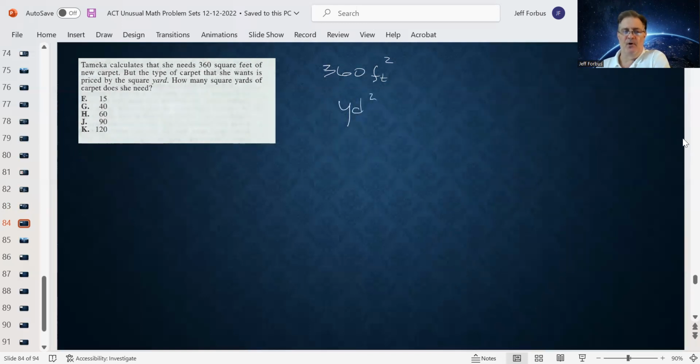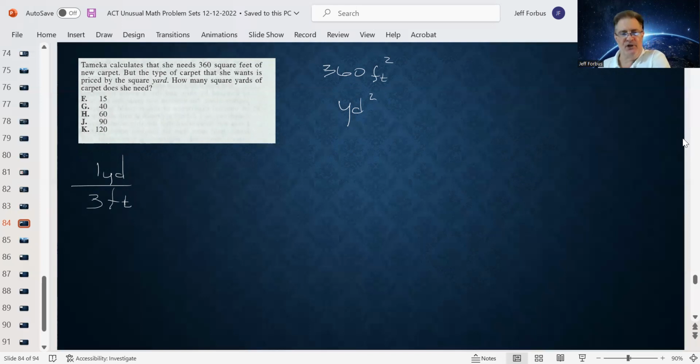How many square yards of carpet does she need? Well, you need to know the conversion factor, and I'm going to put it underneath the question over here. 1 yard per 3 feet. Notice that's not square yards.